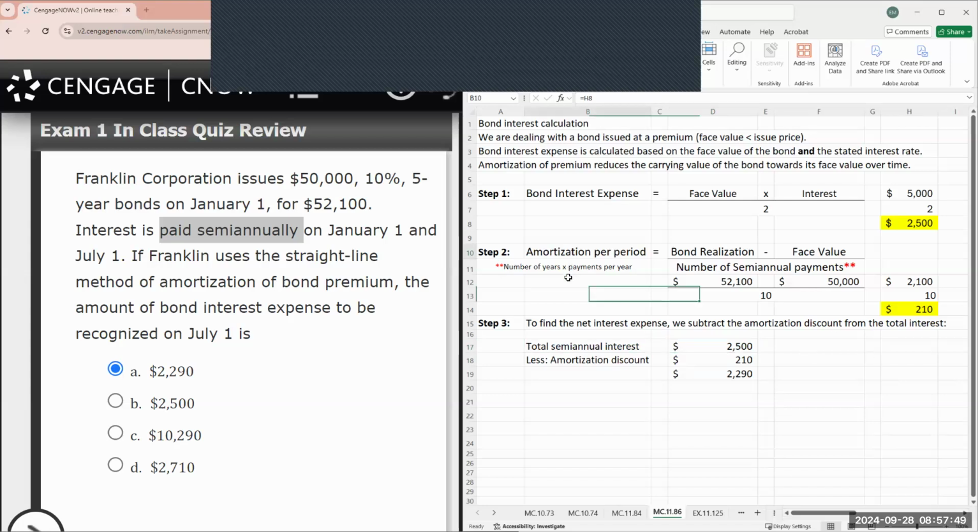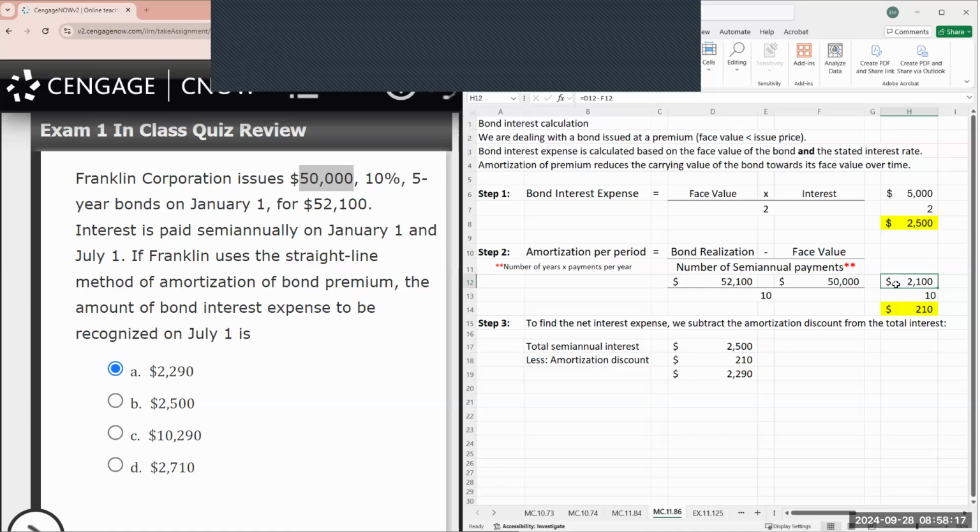The next step was to determine the amortization per period. It was the bond realization, also known as the carrying value, which is the 52,100, minus the face value, which is the $50,000. And we divide it by the number of semi-annual payments, which is the number of years multiplied by the number of payments. So we subtract 50,000 from 52,100.